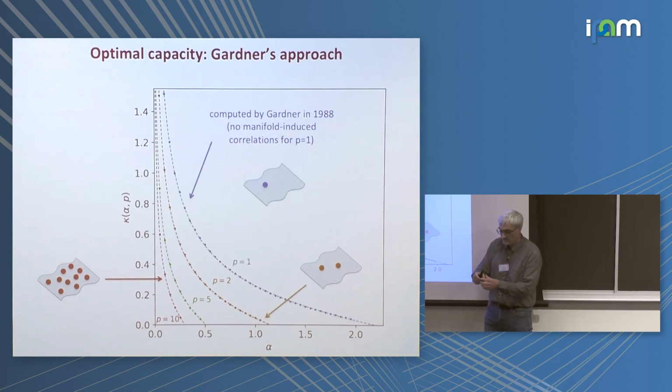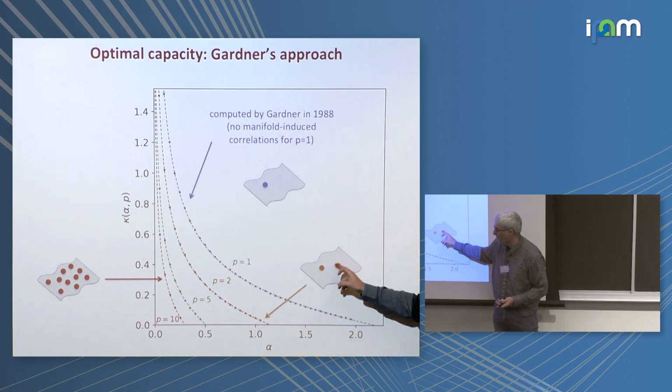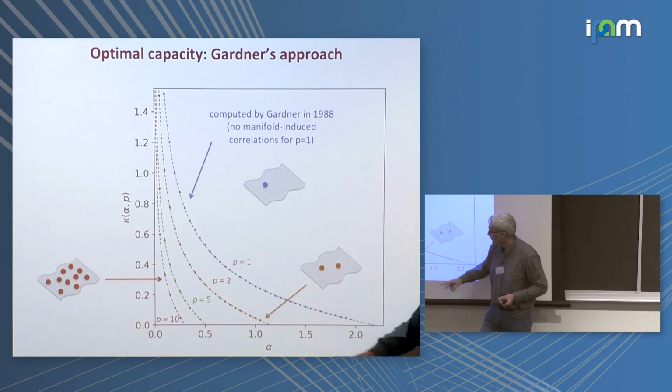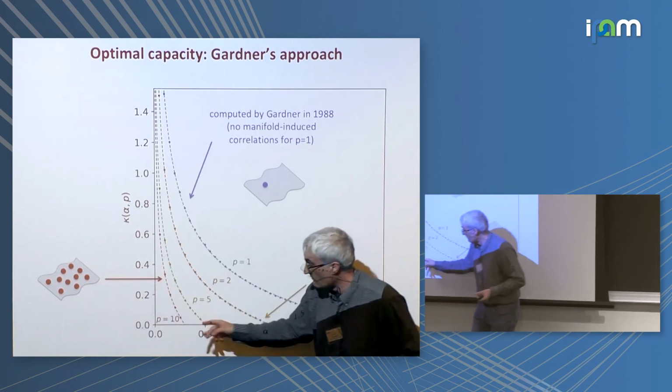Of course, if the place field occupies some area phi on this manifold, and if p is smaller than 1 over phi, typically you don't see the correlation. So there is a crossover: P has to be larger than 1 over the area covered by the place field. If P is large, then you will see very strong correlation.